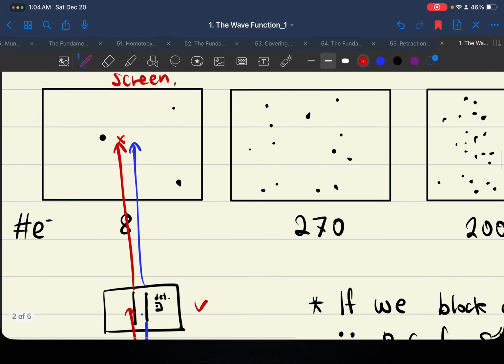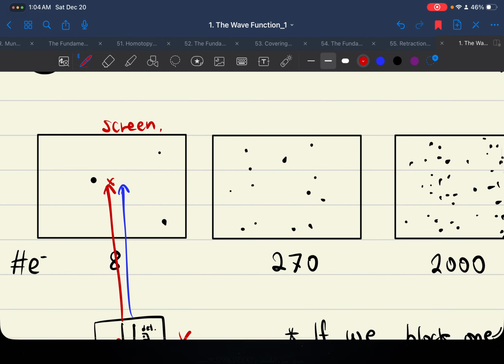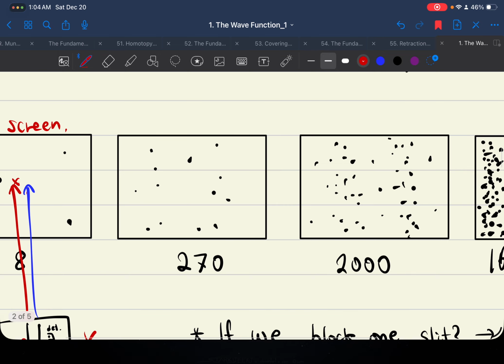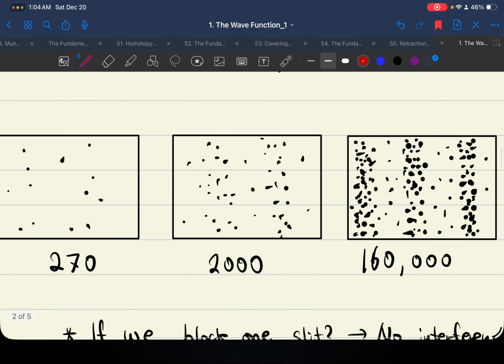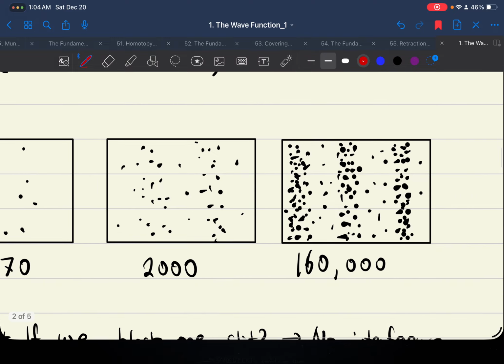Remarkably, the outcome is like this. Here 8 electrons are on the screen, then 270 electrons, and 2000 electrons, and wow, here a vast amount of electrons is on the screen, and there is some pattern. What is the pattern? This is the classical interference pattern.